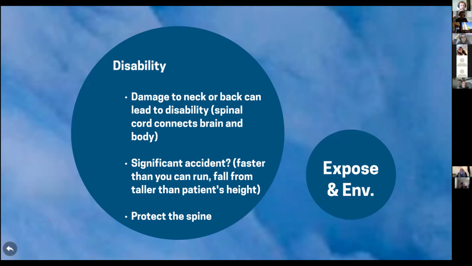I like to think of the brain as the computer. It gets signals from the body, which travel up the spinal cord, which is the connector between your computer and your body. So if that spinal cord is injured, there most likely will be some sort of disability, which is where this D comes from.